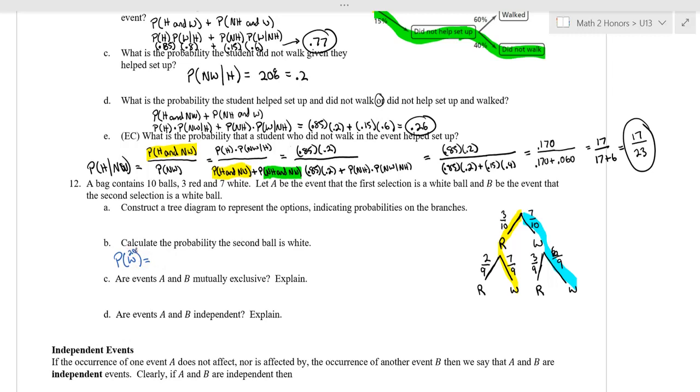So the probability that the second one is white is the probability that the first one is red and the second one's white, or the probability that the first one's white and the second one's white.